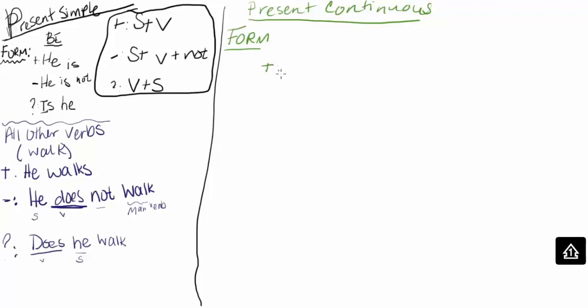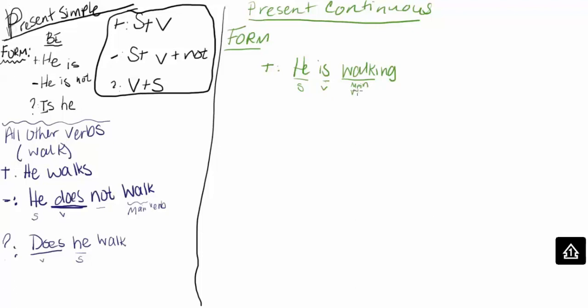So for an affirmative, you have he is, subject, verb. But in the continuous, we have the second verb, which is, we're going to still use walk. So this would be walking. So this is my main verb.